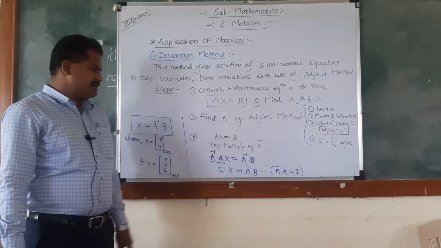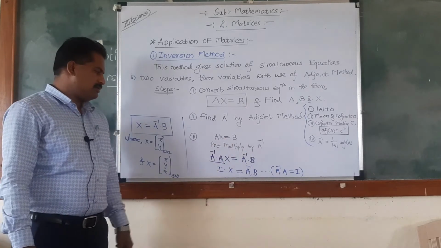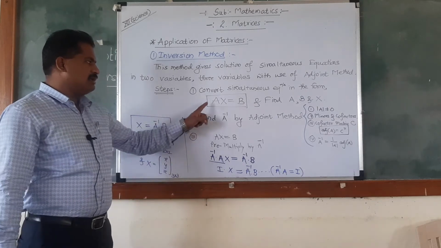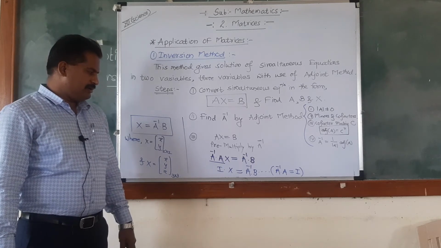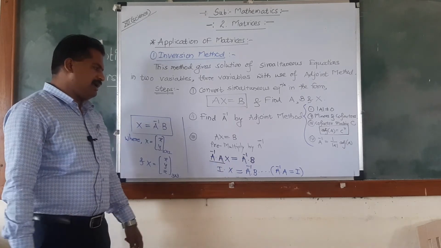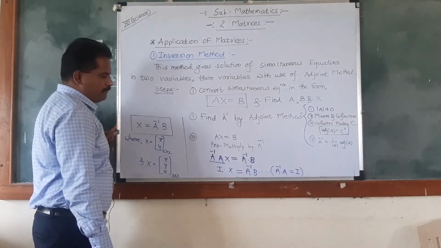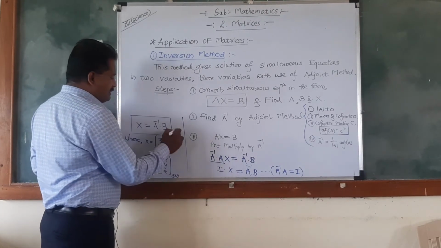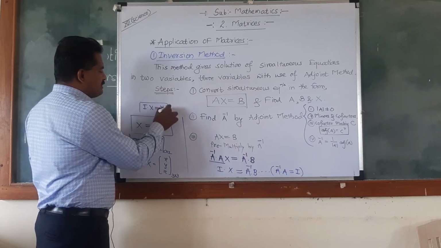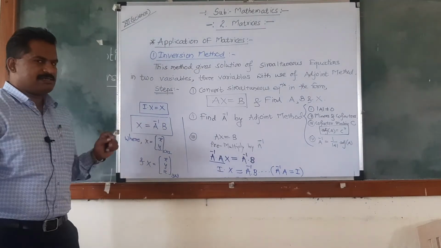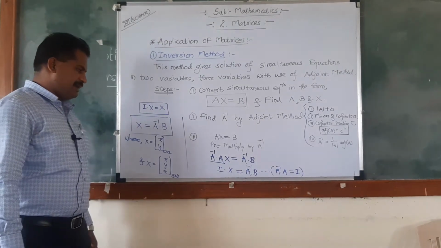After finding A inverse, pre-multiply the equation form Ax is equal to B. After multiplying, we get A inverse into A is equal to I, which is the definition of inverse matrix. After multiplying I into X, any matrix multiplied to the identity matrix gives the given matrix, because multiplication with identity gives the same matrix.